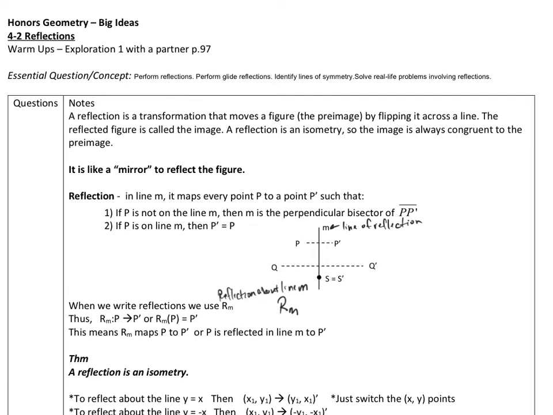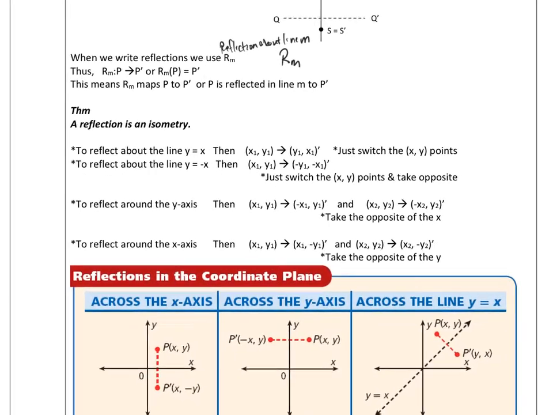So now we can say, with our terminology here, let's go back to the lightsaber, a reflection about M such that P maps to P prime. You could do it with compositions. You say a reflection about M where point P will equal P prime. So this means R sub M, reflection about M, maps P to P prime, or P is reflected in the line M to P prime. We said a reflection is an isometry, so that's just reminding you.